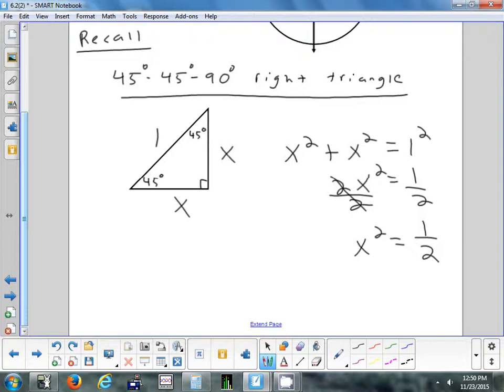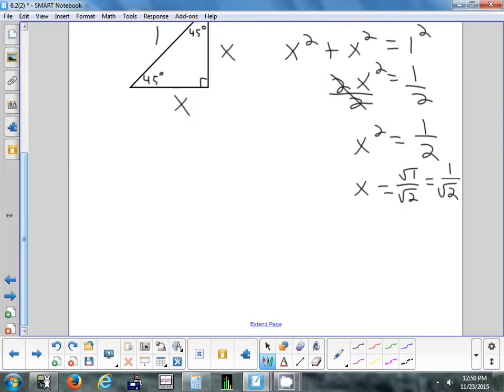Last step, square root. And when you square root a fraction, you square root the top and the bottom. So we get 1 over the square root of 2. But when we fix it so we don't have the root in the bottom, what will that become? Brad? Good. Square root of 2 over 2.